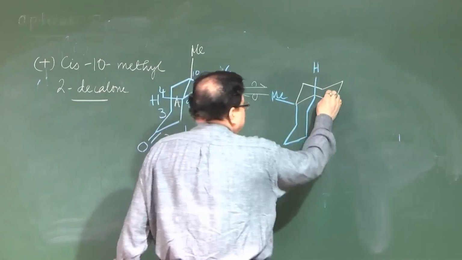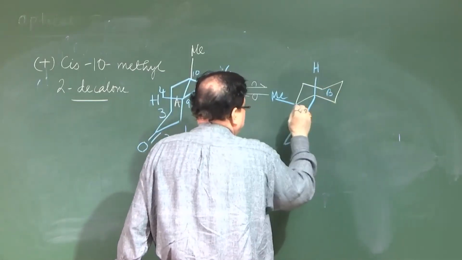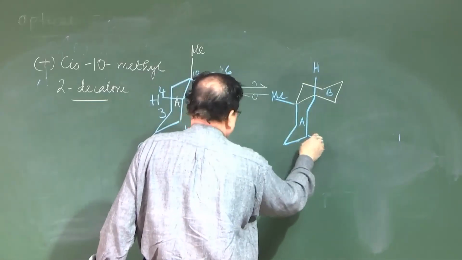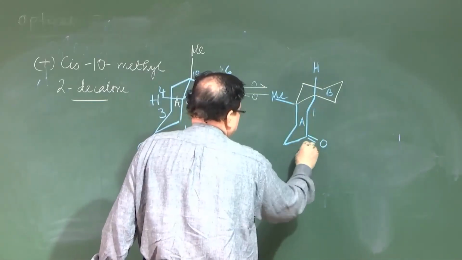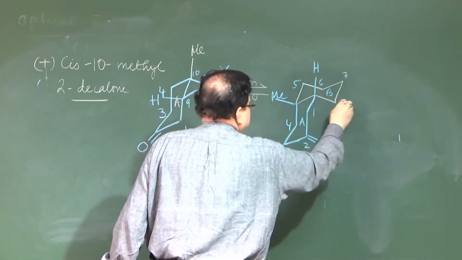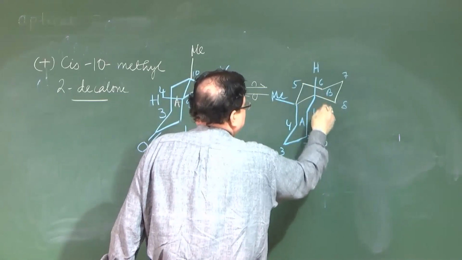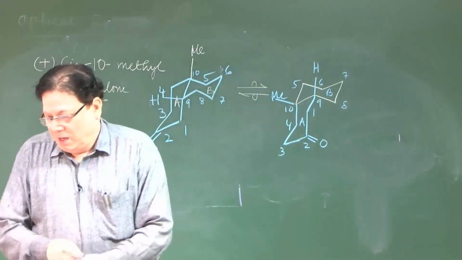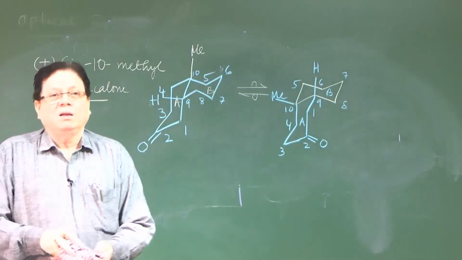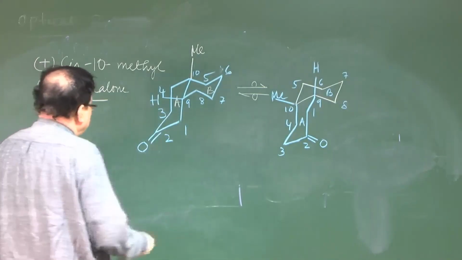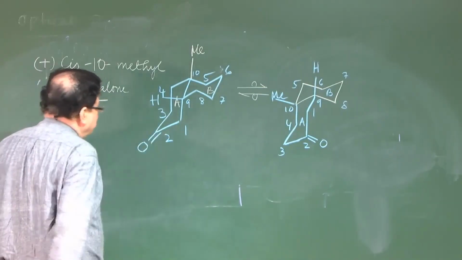Okay. So, this is your B ring and this is your A ring. So, the numbering, where is the carbonyl? The carbonyl is now here. Okay. So, this is 1, 2, 3, 4, 5, 6, 7, 8, 9, 10. Okay. So, now you have to draw the octant projection. Okay. So, this carbonyl is occupying the head of a chair, no problem.